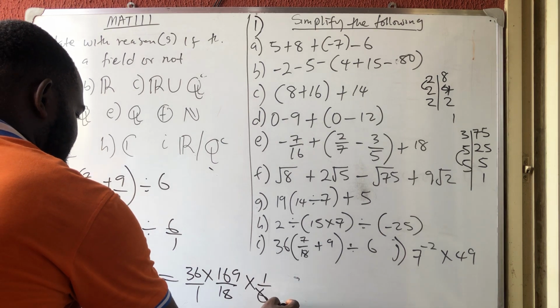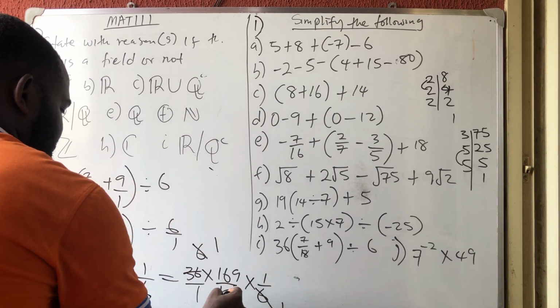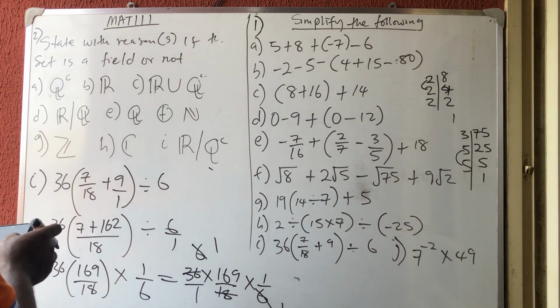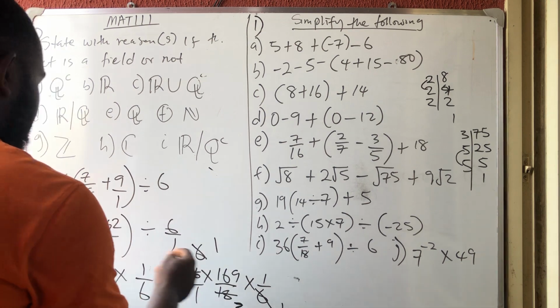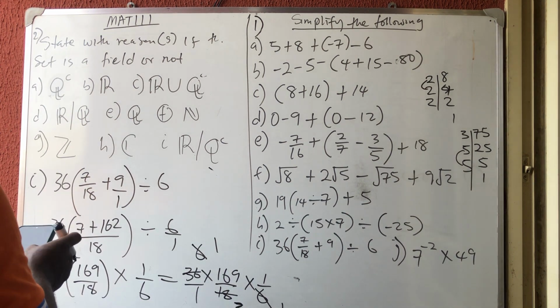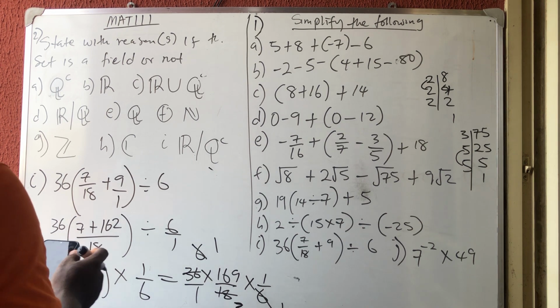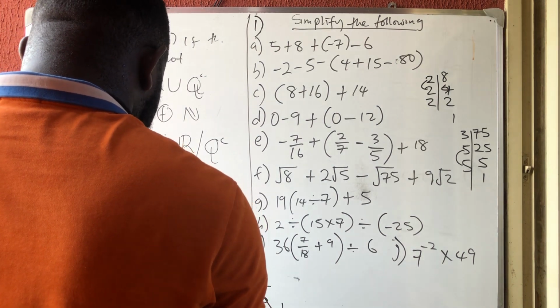Now 6 cancels itself, 1, 6 cancels here, 6, and 3 times 6 is 18, 3. So we are left with 169 divided by 3.